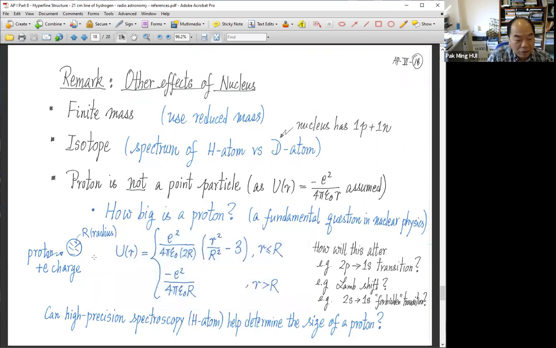Therefore, if the proton is like a finite-size sphere, there will be some effect on the transitions that you can observe. For example, the 2p to 1s optical transition, the Lamb shift due to the vacuum, the quantum electrodynamics effect, or even many people look at the 2s to 1s, that is so-called forbidden, but it is forbidden for one mechanism, the electric dipole mechanism.